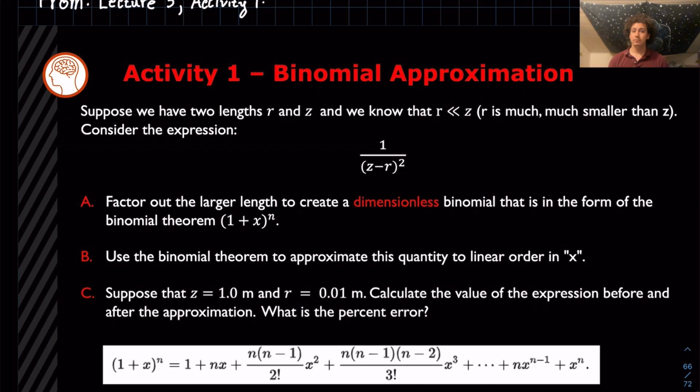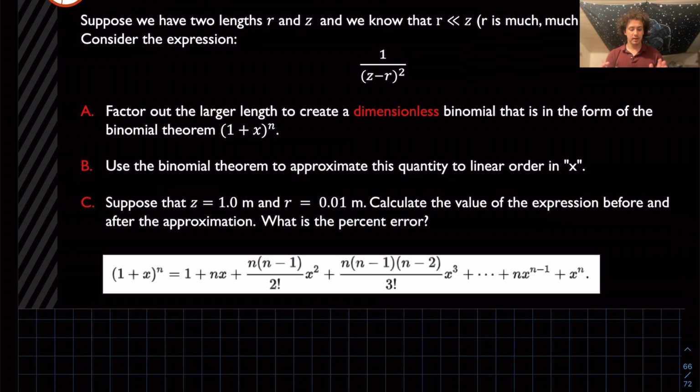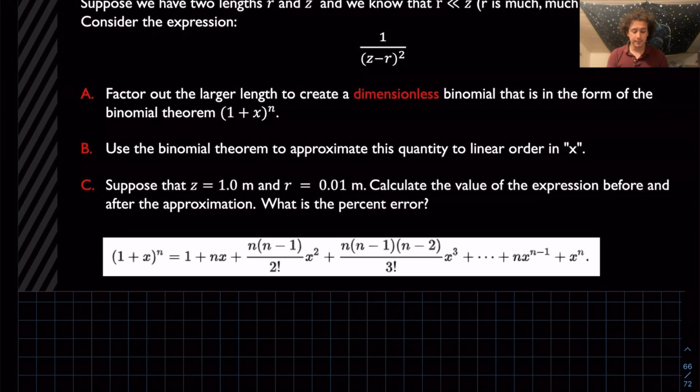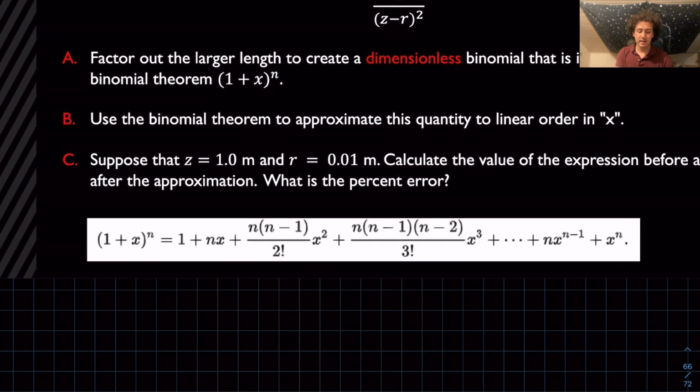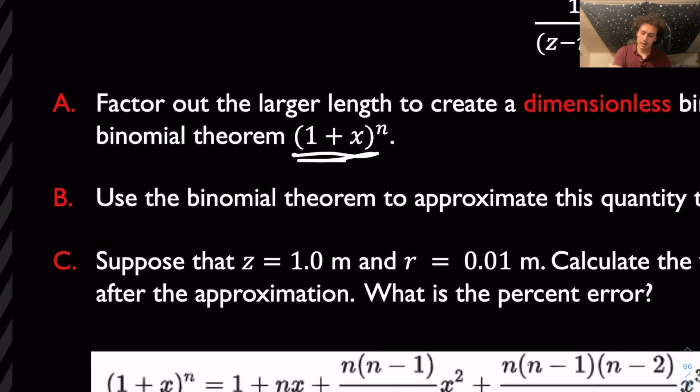So, straight up in the first week for lecture three, our first activity for the day was this binomial expansion of 1 over quantity z minus r squared. For part A, it says factor out the larger length to create a dimensionless binomial that is in the form of the binomial theorem, 1 plus x to the n, right?